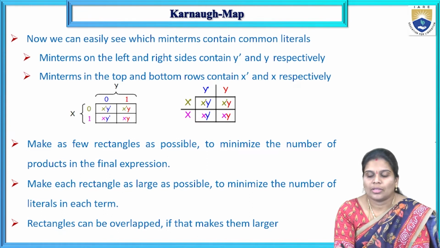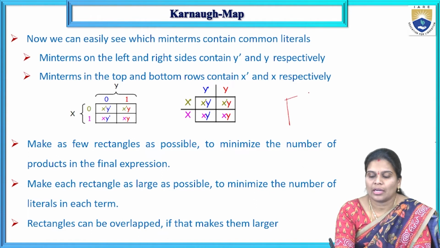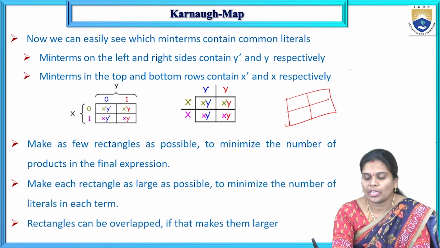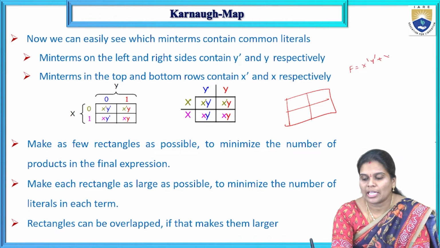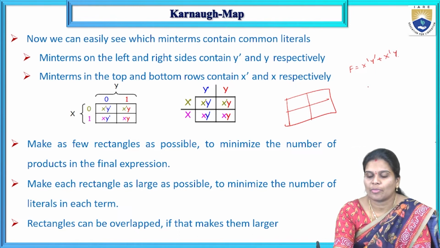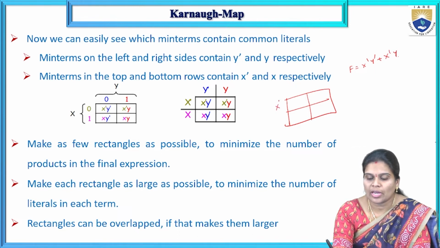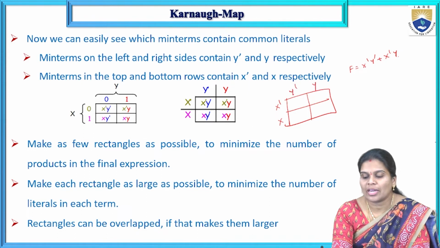So if you have a Boolean expression, for example f equals x bar y bar plus x bar y, this is one Boolean expression. Here we have x bar, x, y bar and y.